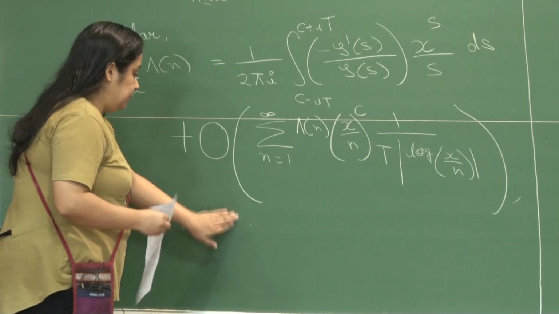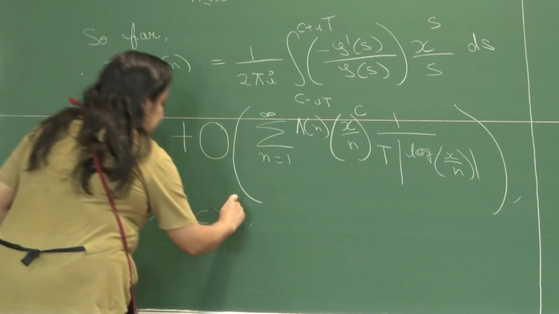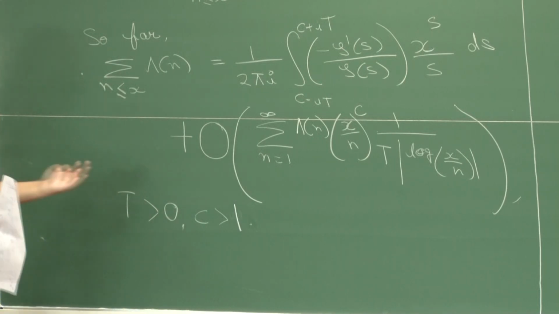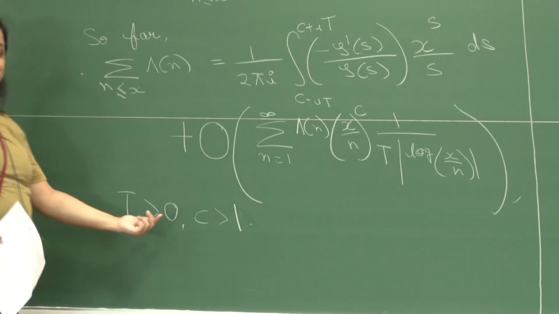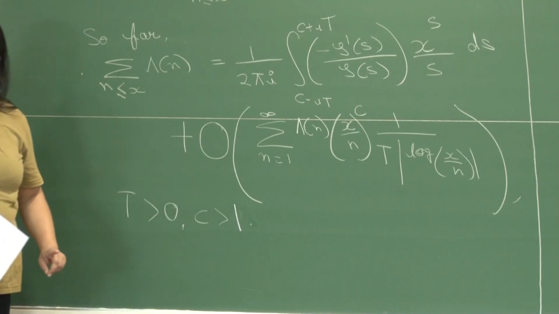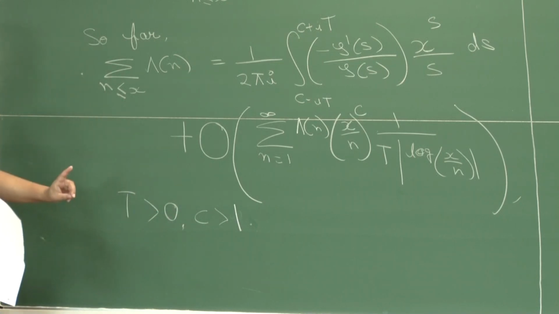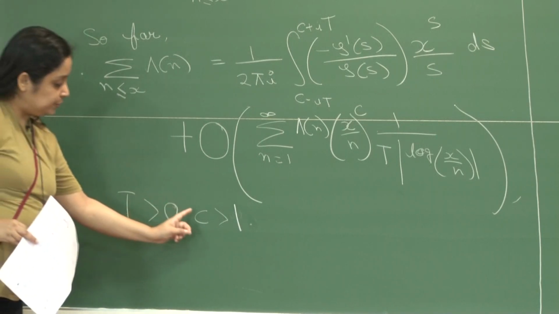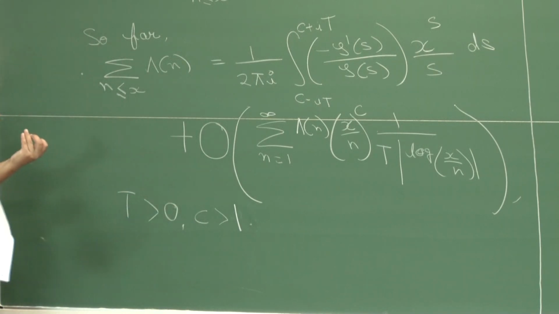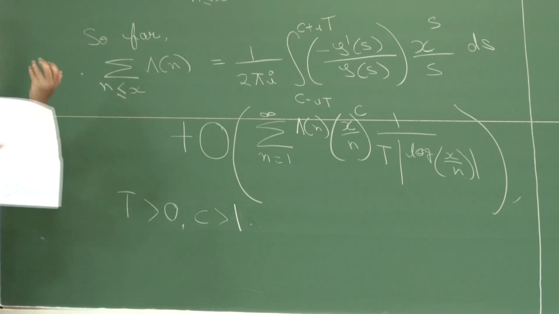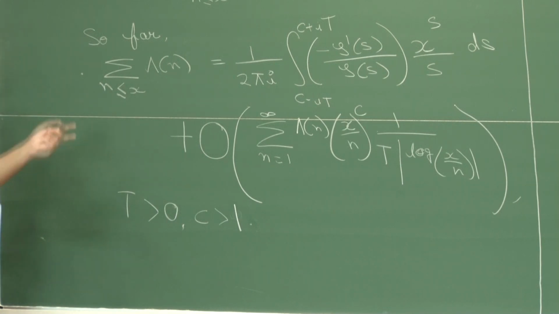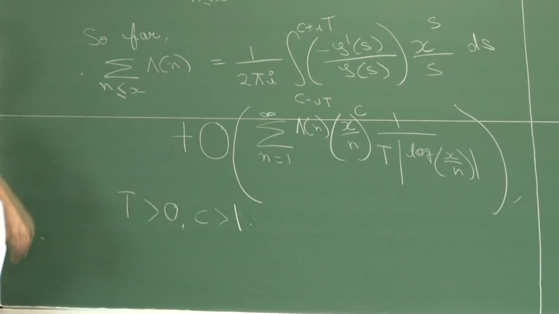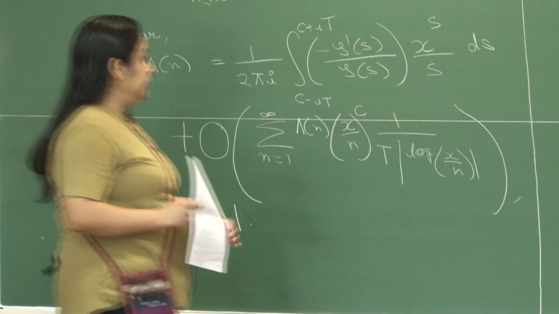So given the series that we have, we want c to be something greater than 1. It could be something very close to 1, but it has to be greater than 1. And in our previous class, we saw how to make appropriate choices of c which are really close to 1, but which lead to rectangular contours which will not contain any points of singularity of these Dirichlet series under consideration.